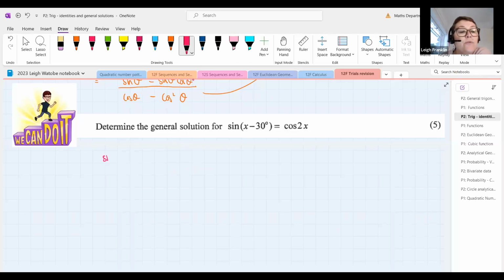Okay, all right. So in this general solution, we've got sine x minus 30 equals cos 2x. So what's important about this general solution is that we've got sine x minus 30 on the one side, but we've got cos 2x on the other side.